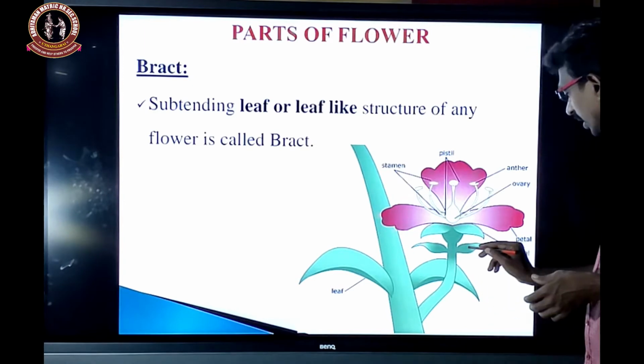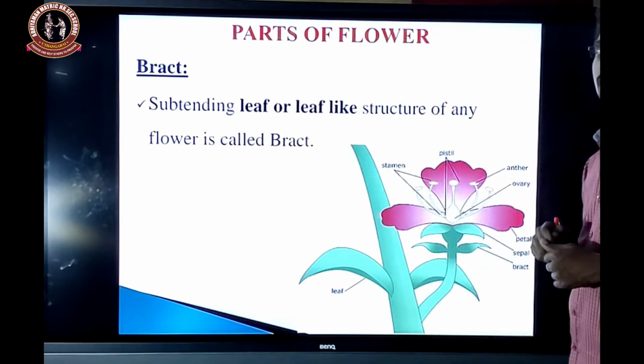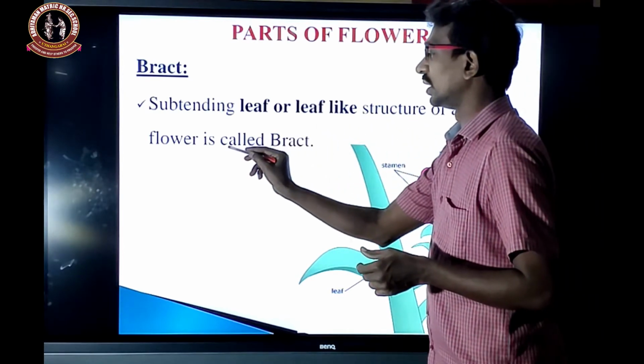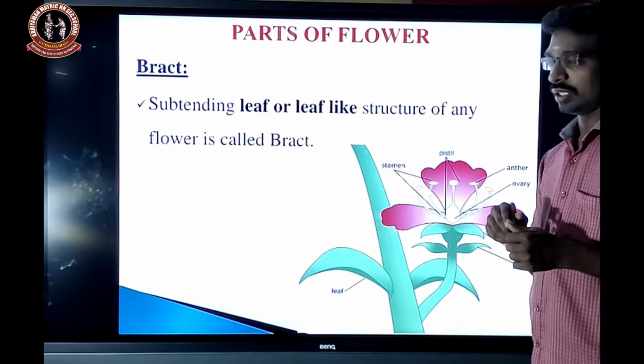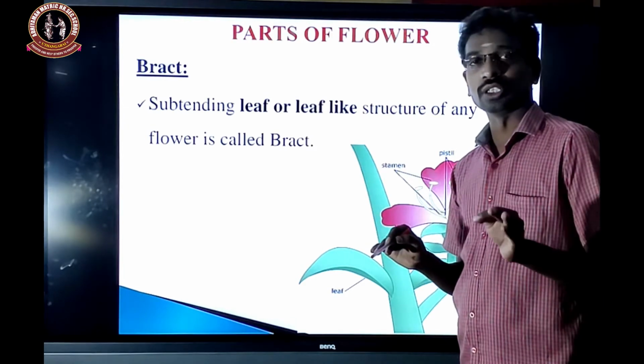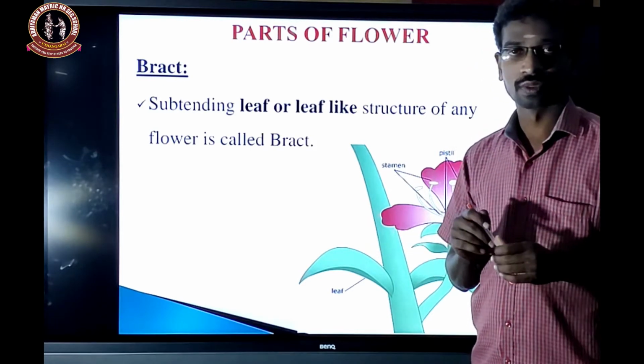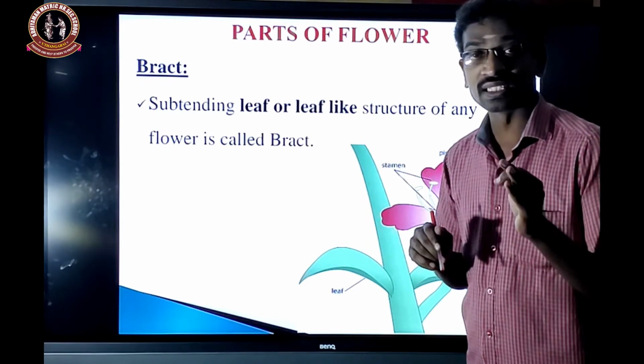So that is a bract, the leaf-like structure. Suppose the flower has a bract, then the particular flower is said to be bracteate flower.